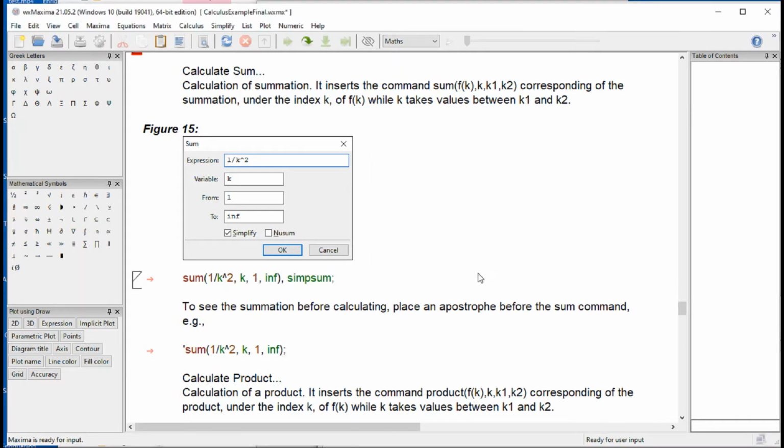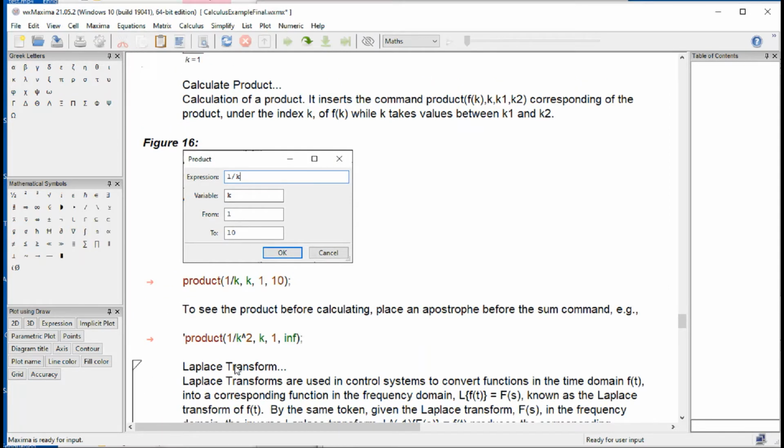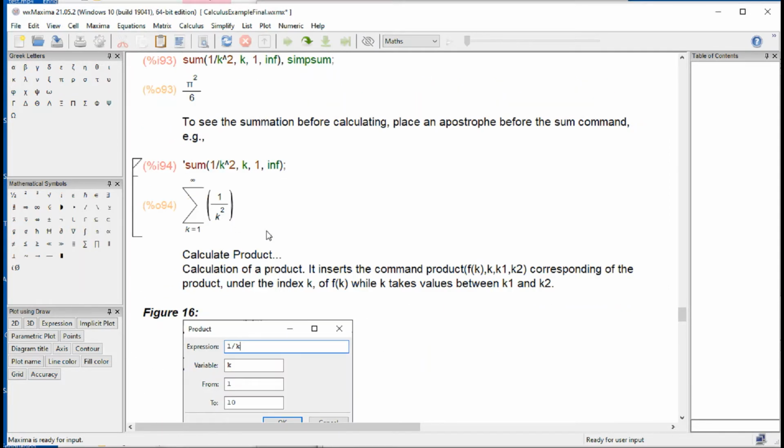And when you get the result, it gives you this simplified sum, and this sum is equal to pi squared over 6. Now if you want to see what summation you're calculating, put the apostrophe before, and it shows that the summation is 1 over k squared.